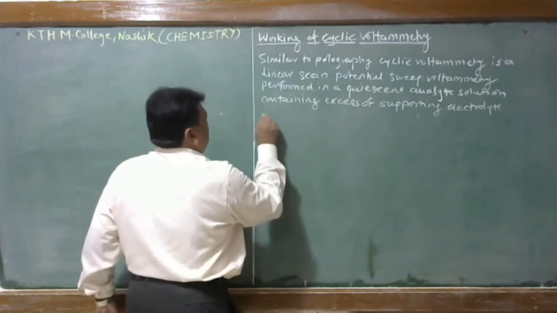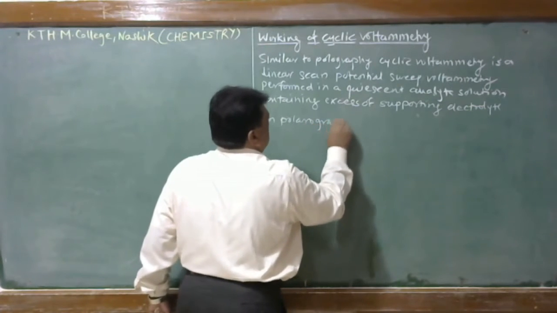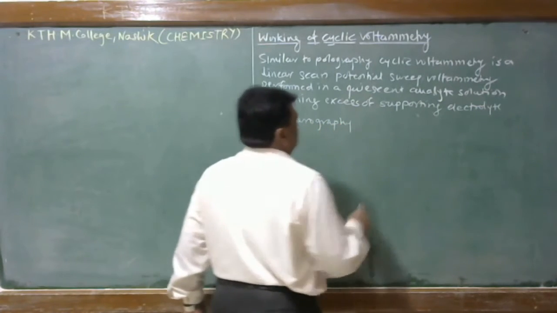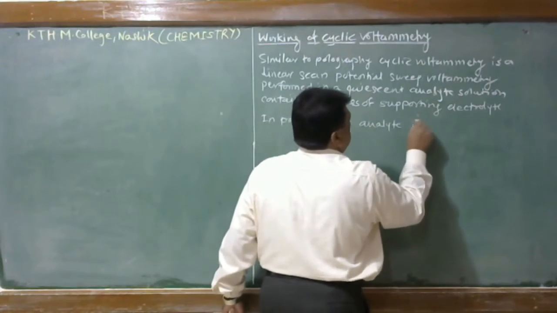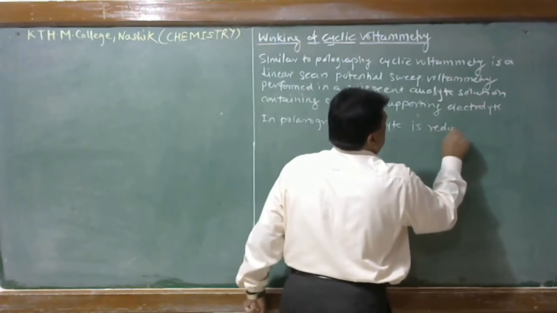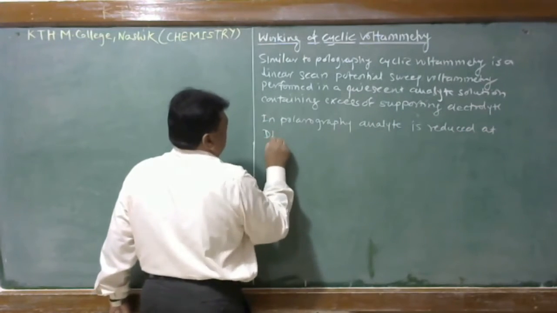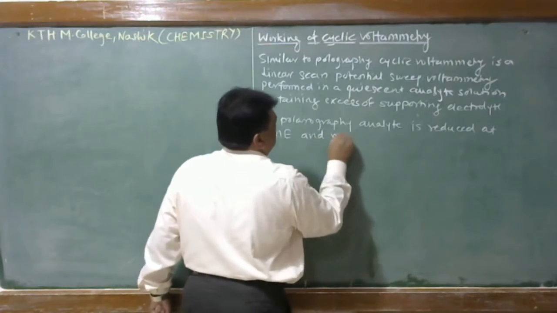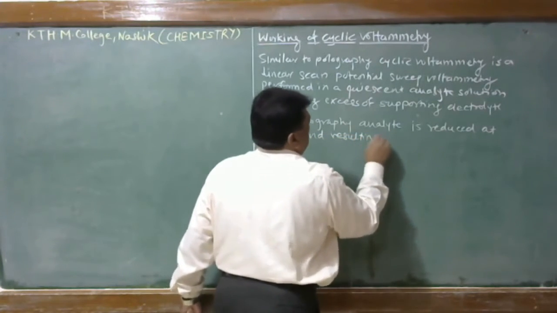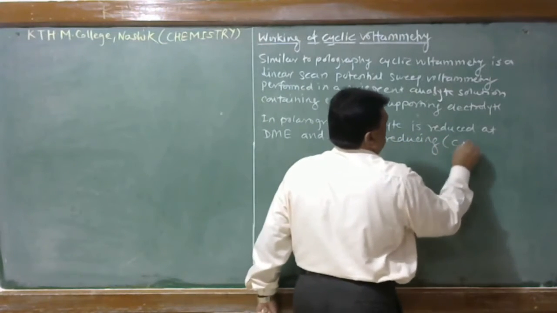In polarography, in analyte solution, analyte is reduced at DME working electrode and resulting reducing current is called as cathodic current.